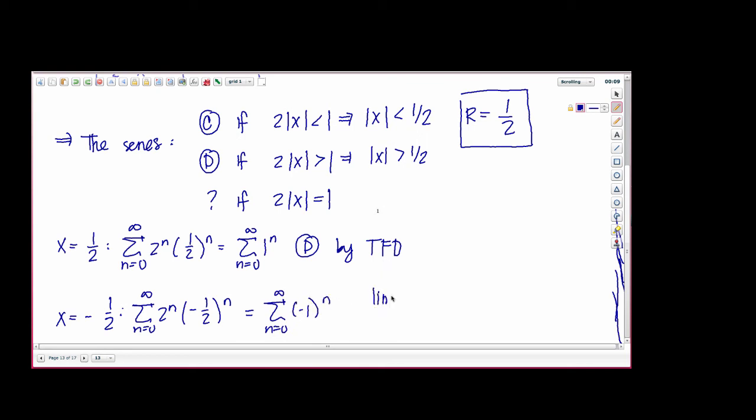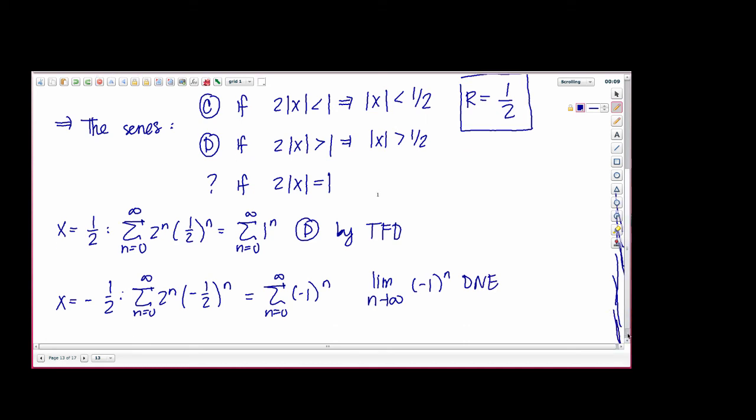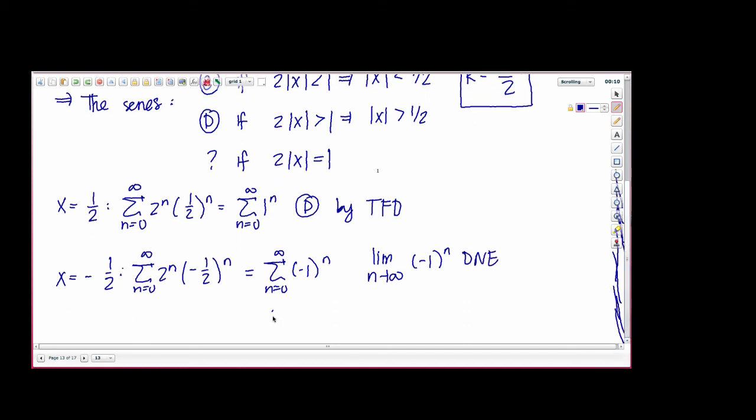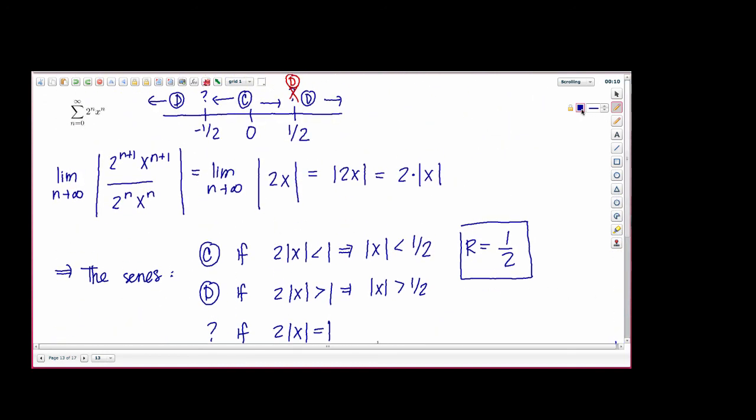Notice that the limit as n goes to infinity of (minus 1)^n does not exist. So again, this series diverges by the test for divergence. So at x equals a half, our series diverges. At x equals minus a half, our series diverges. So again, I'll cross out this question mark and put in a diverges.